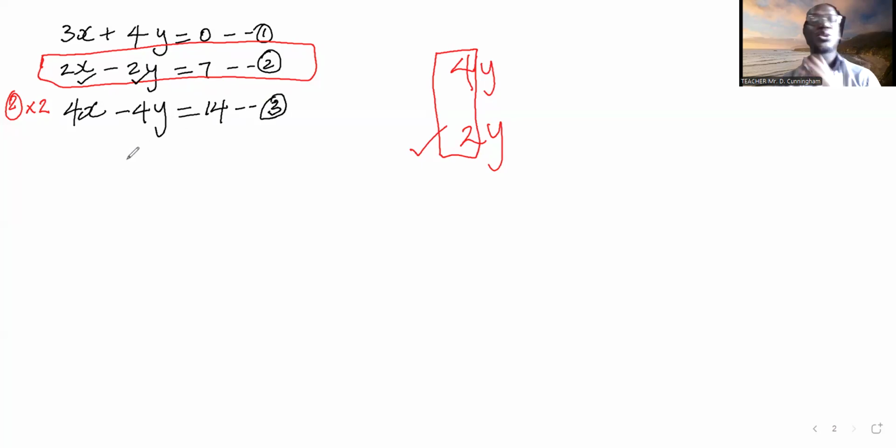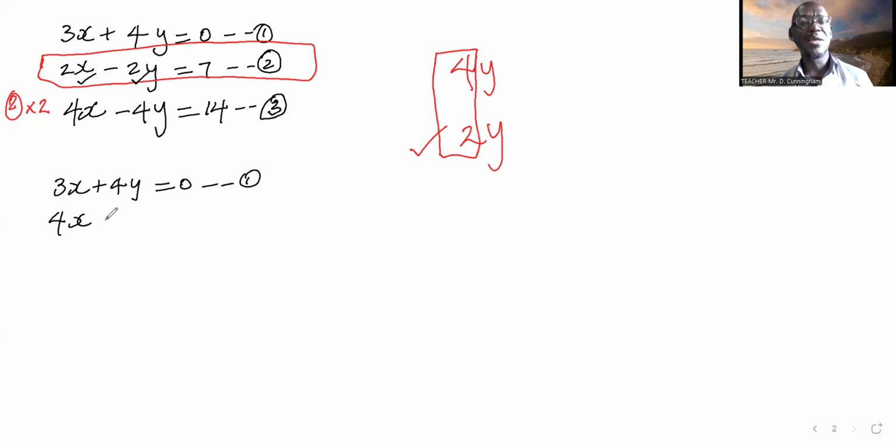Equation 3. So now, people, we have equation 1, which was 3x plus 4y equals 0, and equation 3, which is 4x minus 4y equals 14.